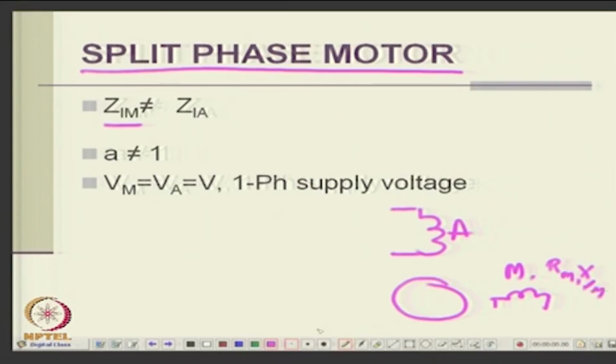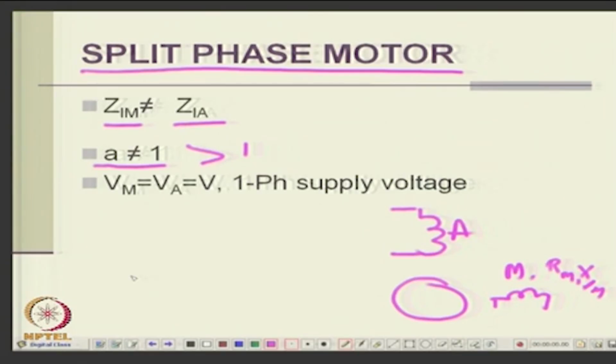They will have a different impedance and the auxiliary will have a different impedance. So, these two are not the same, that is what we have in the split phase machine. The main winding impedance is not the same as the auxiliary winding impedance, and obviously the turns ratio is not 1, invariably it is more than 1. The A, that is Na by Nm, is generally more than 1.